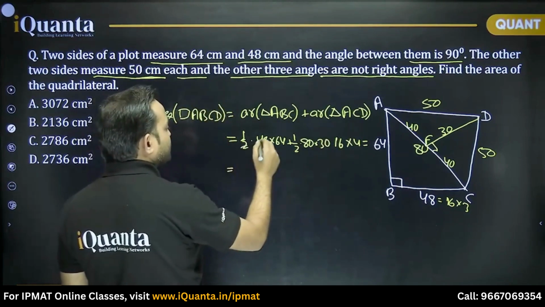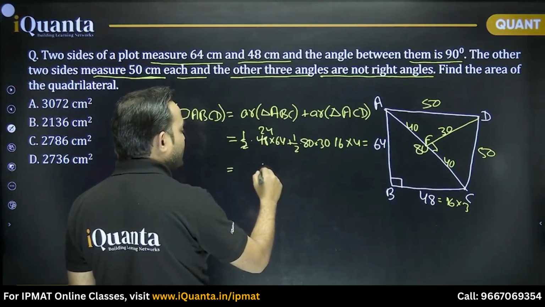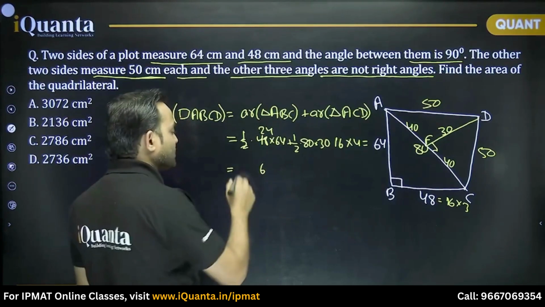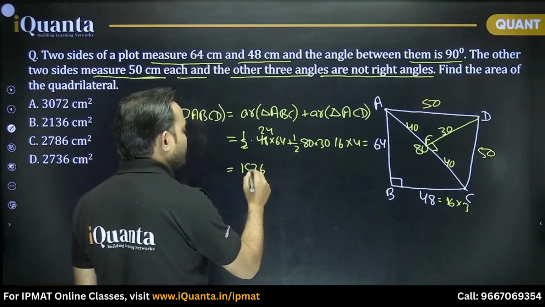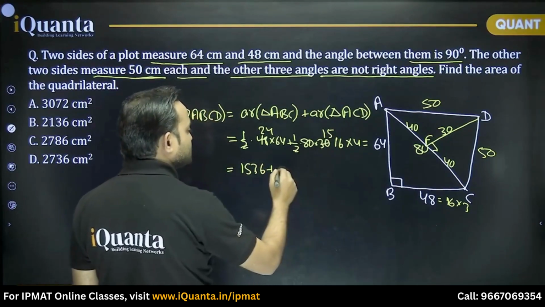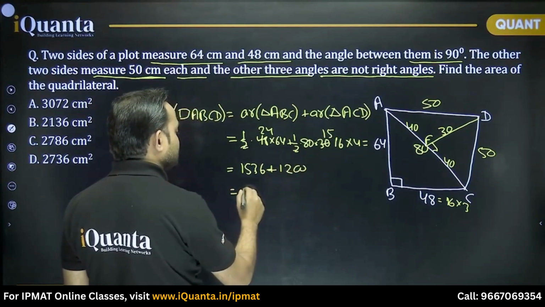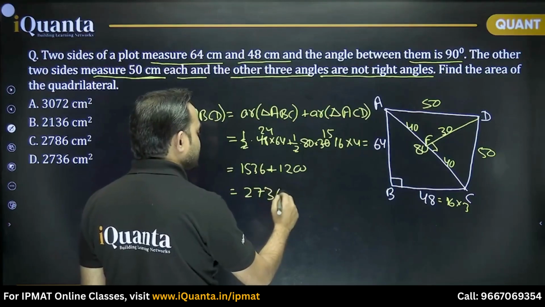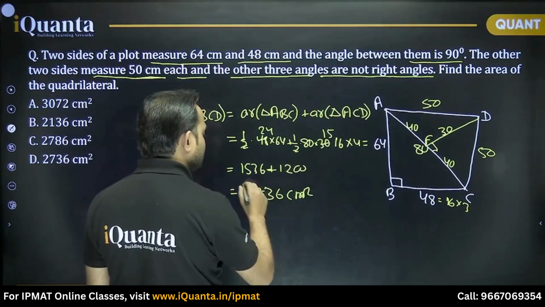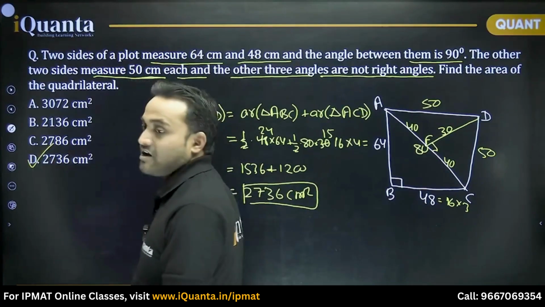Now this will be 24 into 4 is 96, carry 9, then 144 plus 9, 153, plus this is 15 times 80. So this becomes 1200, which gives us 2736 centimeter square. And if you check the options, option D is our answer.